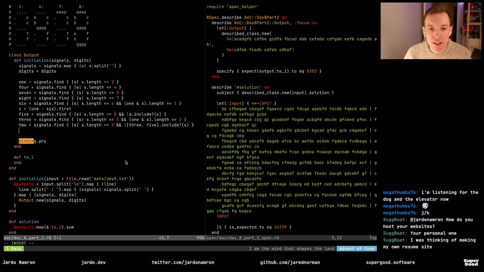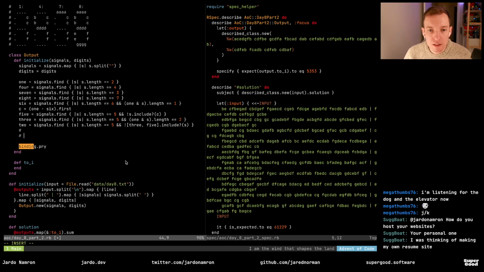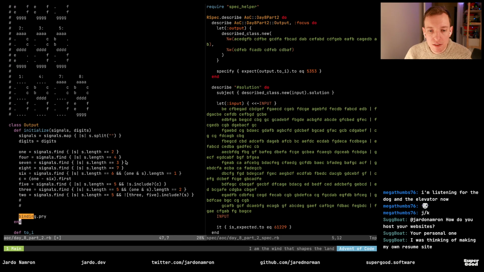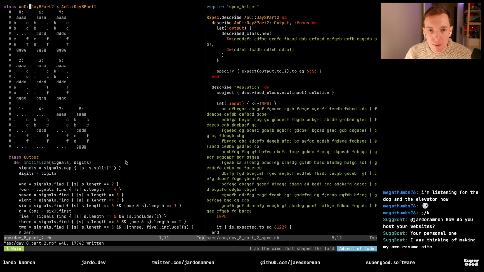So we need to figure out zero and 9. And I guess we can just do this with overlap. I might have been thinking too hard about these.